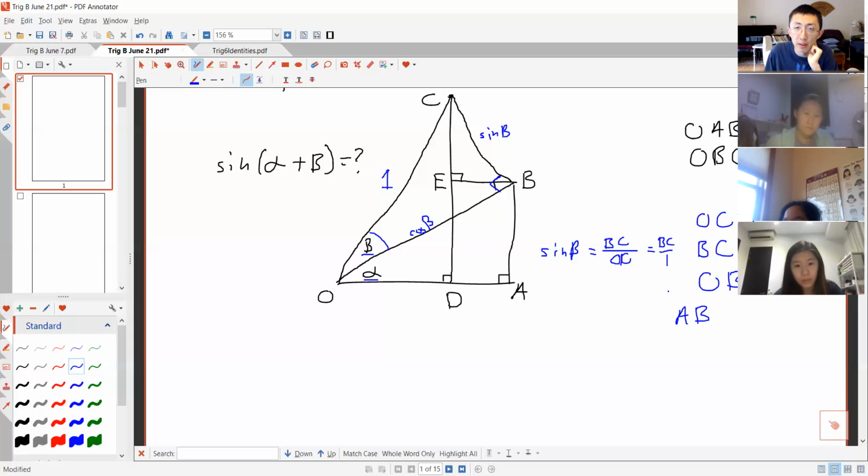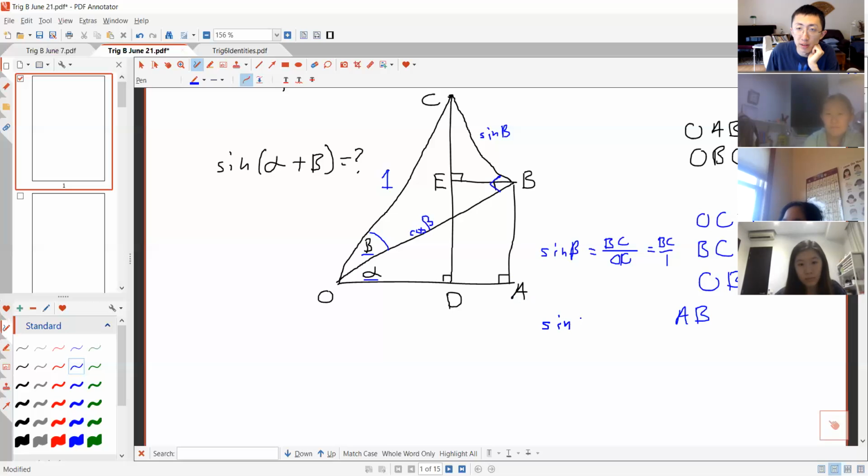Can we relate the length of AB to another length we know? Is it cos beta times sine alpha? Yeah, good.